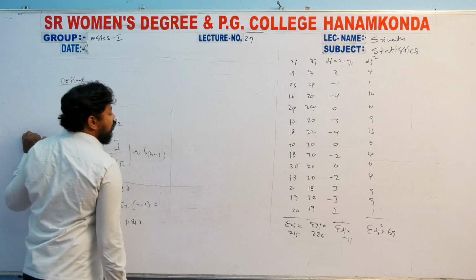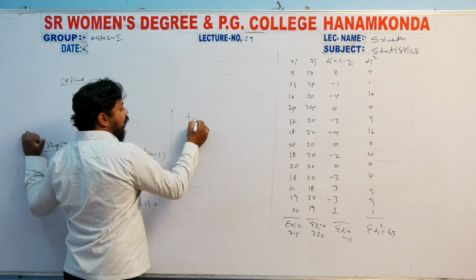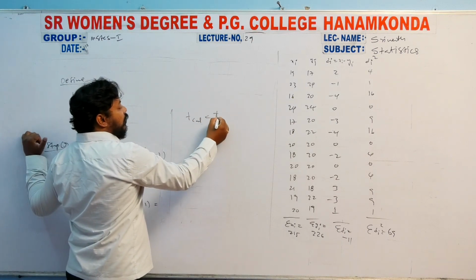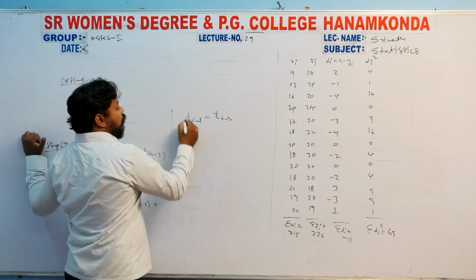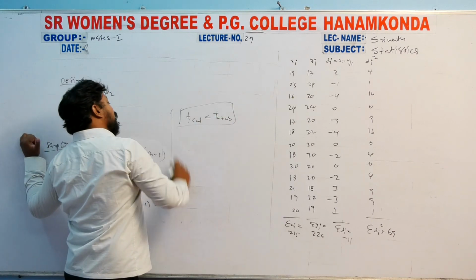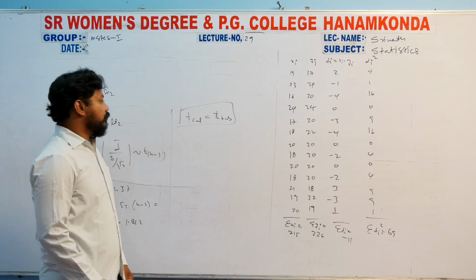That means t calculated is less than t table value. The given equation is satisfied.